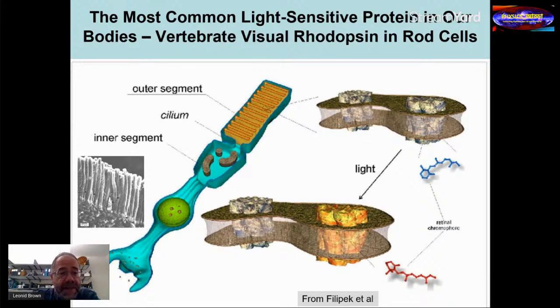In our eyes, in our retina, we have special photoreceptor cells, rods and cones, and they contain rhodopsins, which are activated by visible light and allow us to see things. What is the trick? Why can most proteins not absorb light, but rhodopsins can?